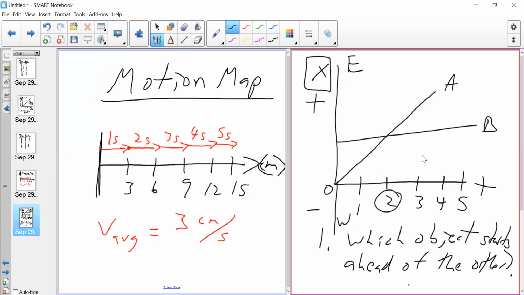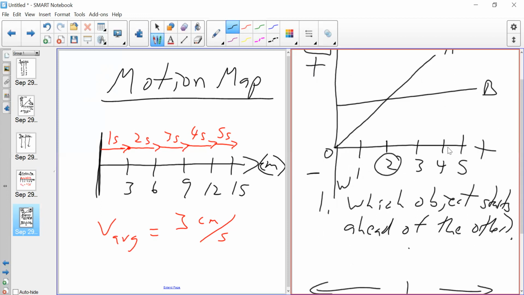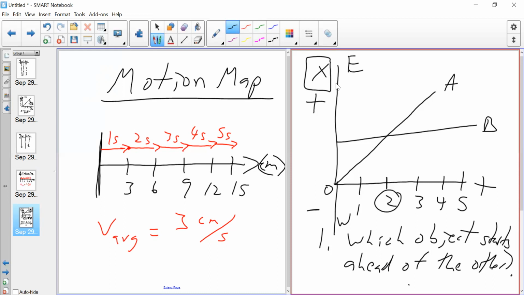How do we know that? You might ask me, how do we know that, Mr. Kelly? Because the slope of A is greater than the slope of B. And I will say this again, that when we are aware of what we're looking at, okay? We're aware we're looking at a position versus time graph, and we know that the slope of a position time graph gives us the velocity.